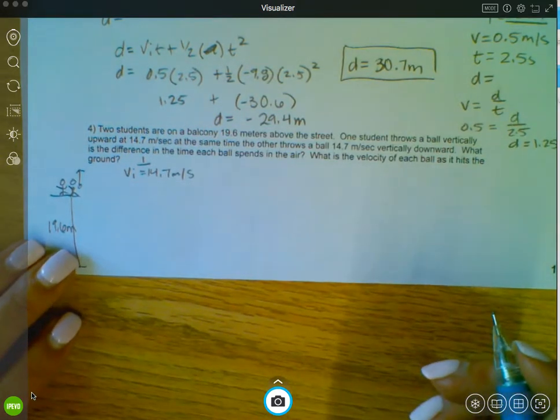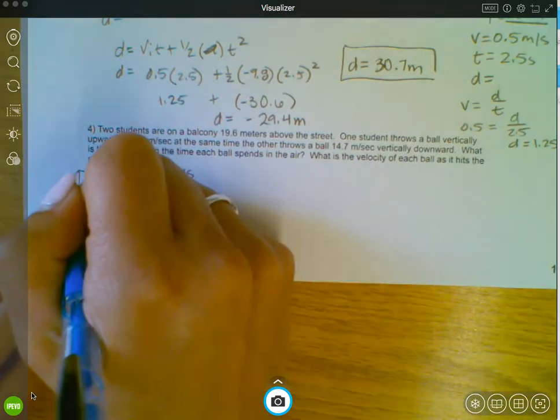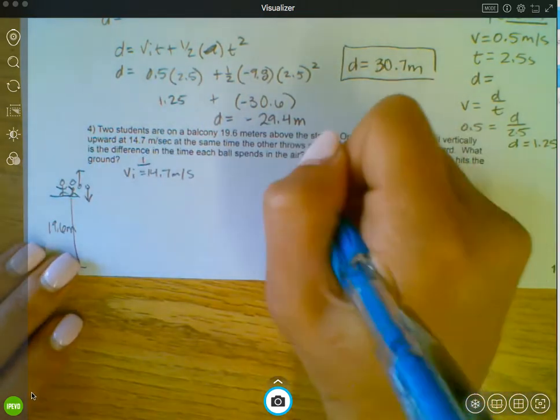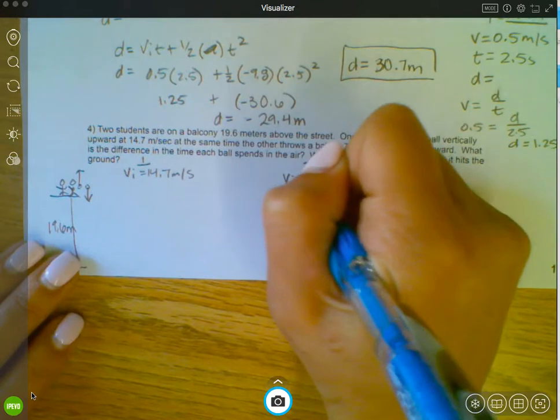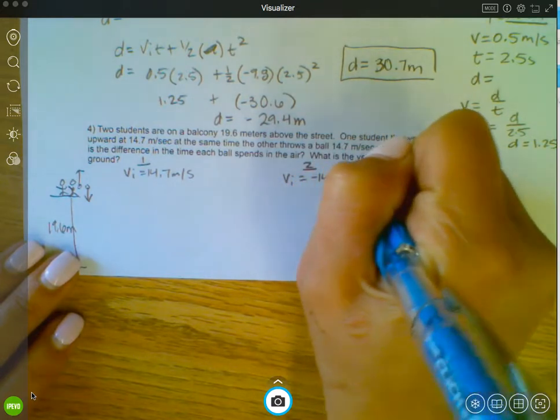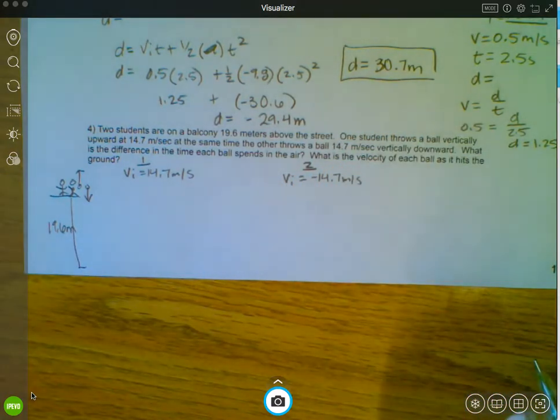At the same time, the other throws a ball vertically downward, same speed. So ball 2, its initial is negative 14.7. What's the difference in time each ball spends in the air? What is the velocity of each ball as it hits the ground?